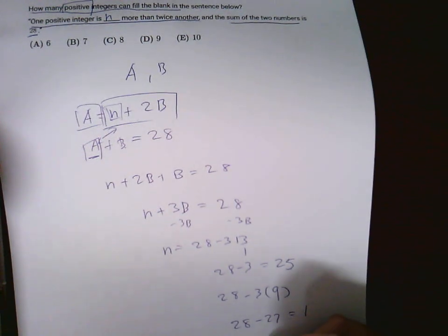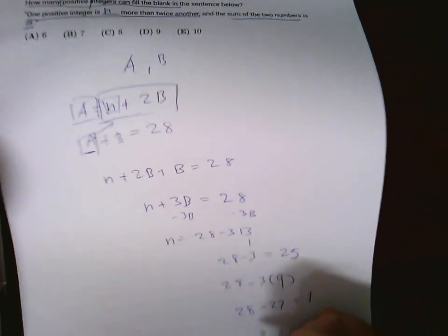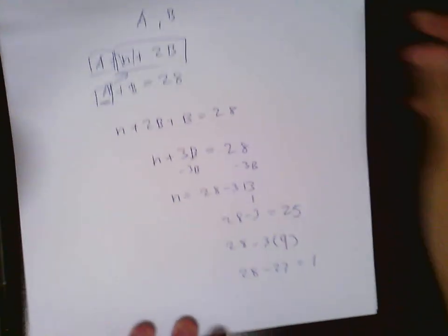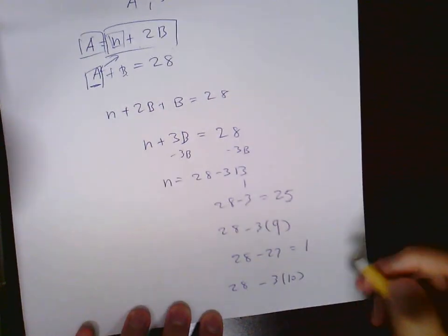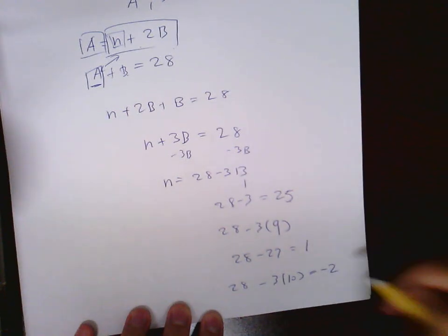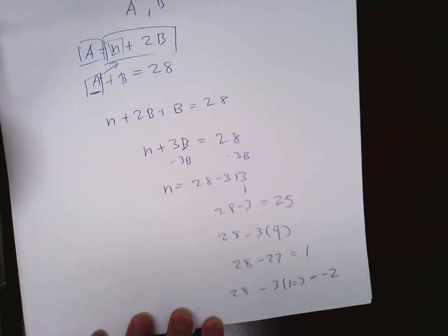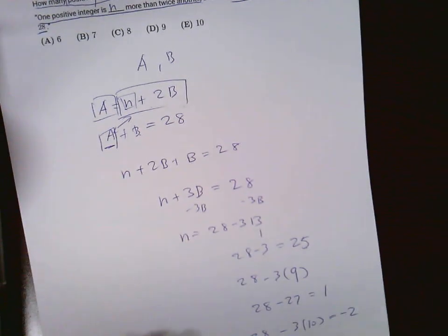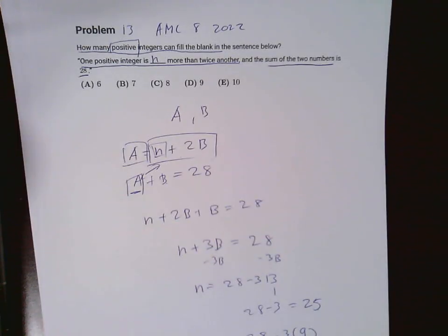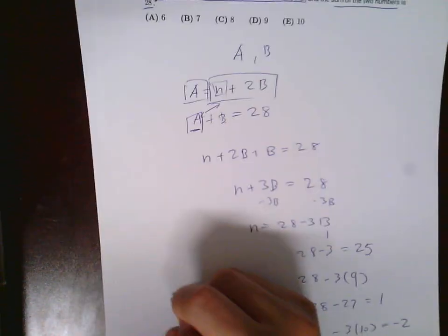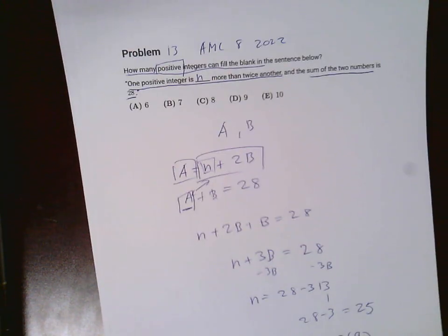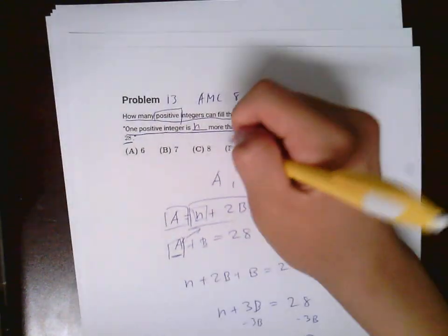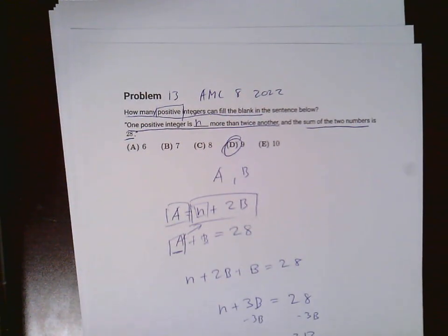But if we try 10 as b, which becomes 28 minus 3 times 10, we get that as equal to negative 2. But that's not positive anymore, right? That means that the amount of integers that n can be are 1 through 9, or 1, 2, 3, 4, 5, 6, 7, 8, 9, right? And the amount of integers is 9 integers.